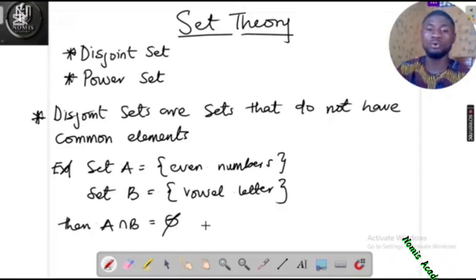Watch the previous video on null set to know what null set is: a set that does not have any elements. So A intersect B is null, and that tells that A and B are disjoint sets.